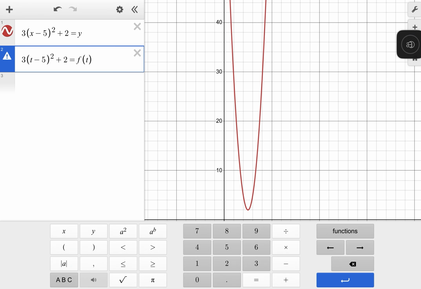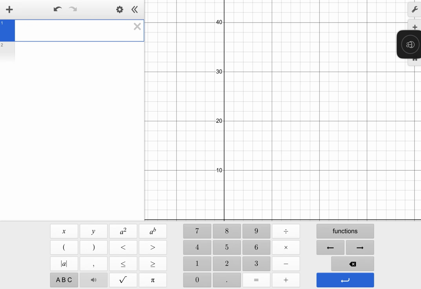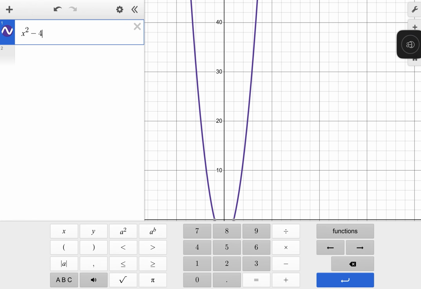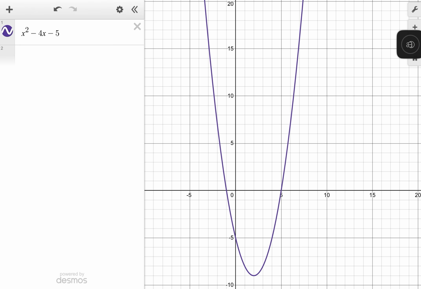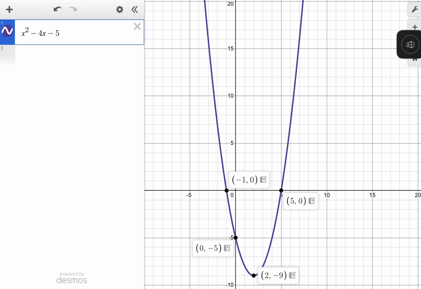Okay, and the other thing I want to emphasize, moving on, is that one graph, and I already stated this, can contain multiple answers. If you have the graph of x squared minus 4x minus 5, not only can you find the minimum point, which is 2 comma negative 9 here, but you can also find the y-intercept, and you can find the two x-intercepts or their roots.